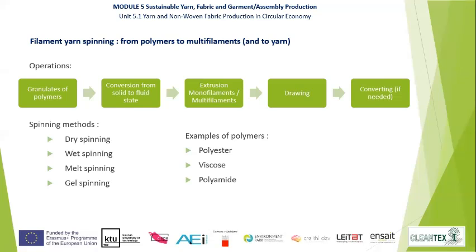The only difference will be the steps 2 and 3, so the conversion from solid to fluid state and the extrusion of monofilaments or multifilaments. The three other steps will stay the same, but the steps 2 and 3 will change. For example, in melt spinning, we will melt the polymers, while in the wet spinning, we will dissolve them.